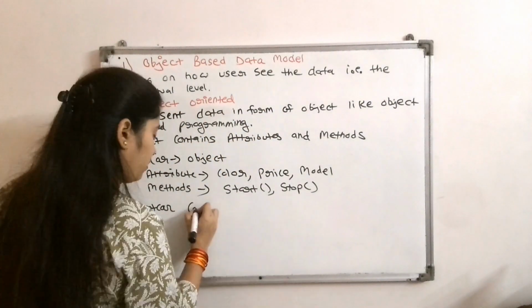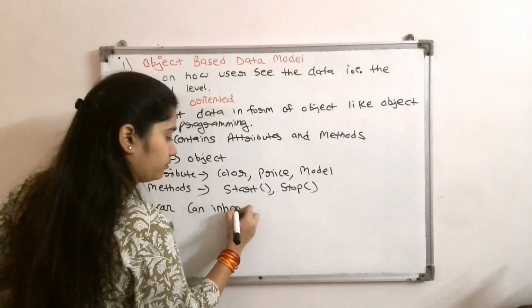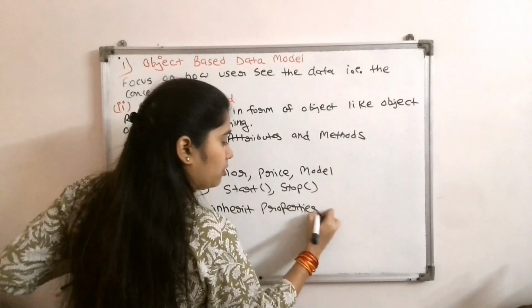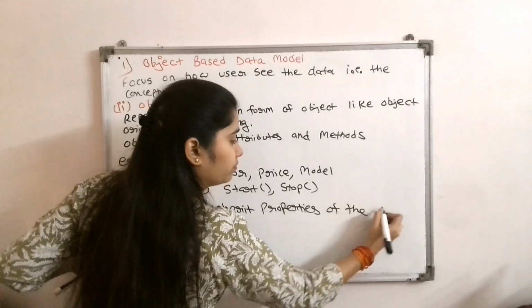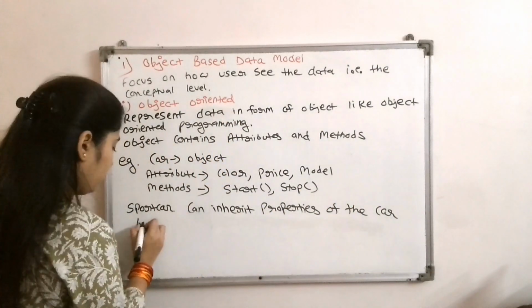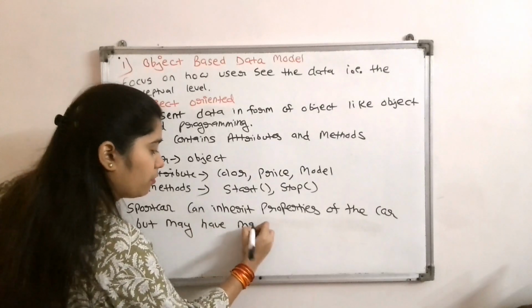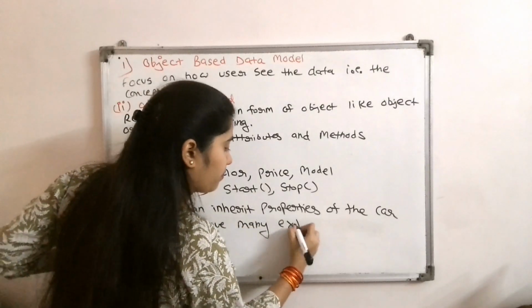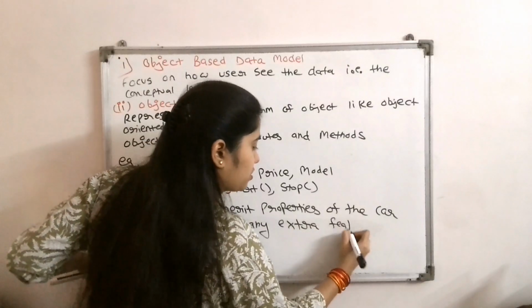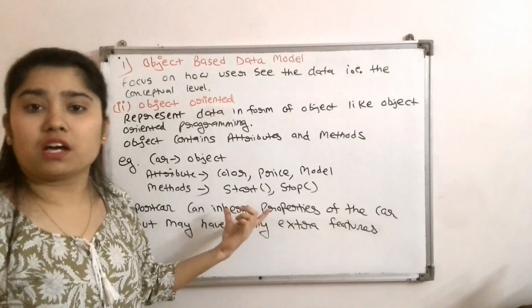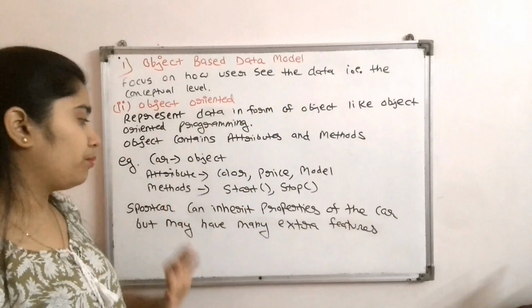So sports car can inherit properties of the car but may have many extra features. Okay, so inheritance, this is the concept of object-oriented programming.